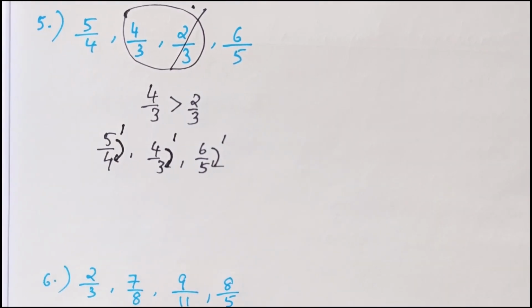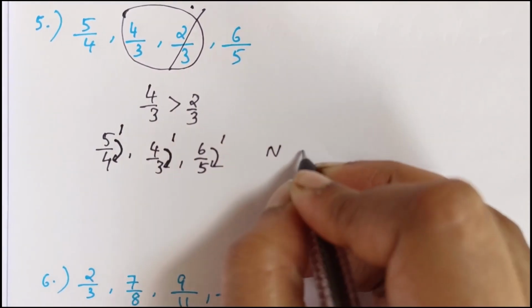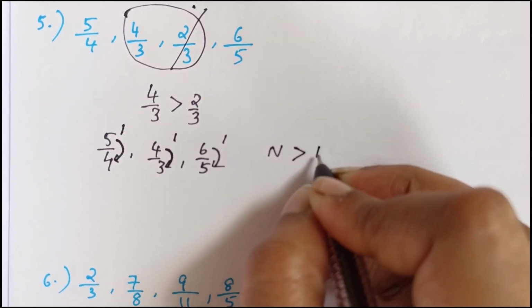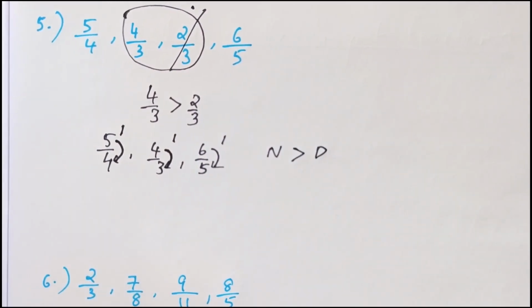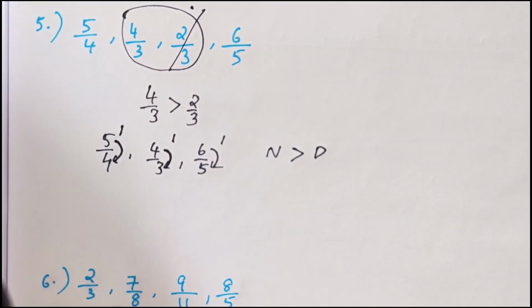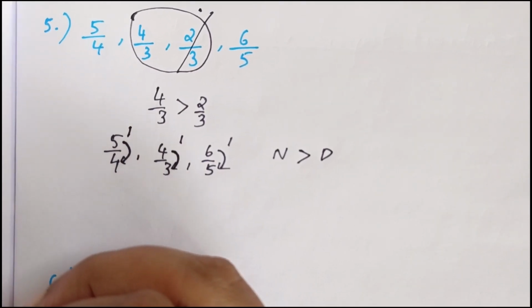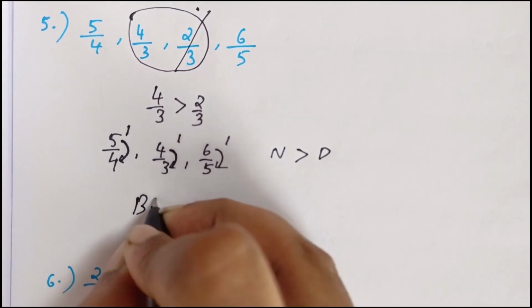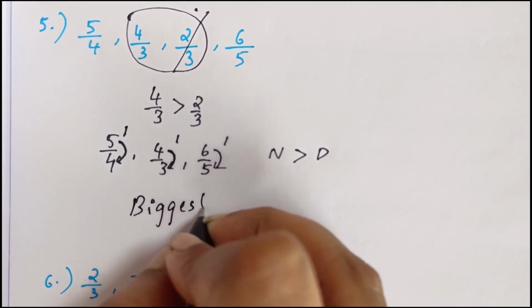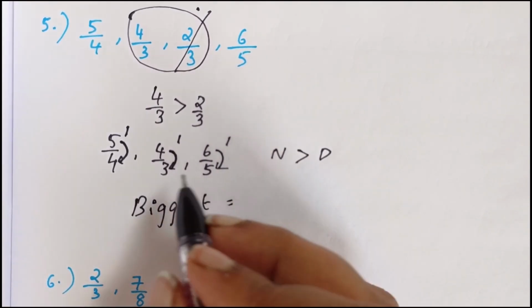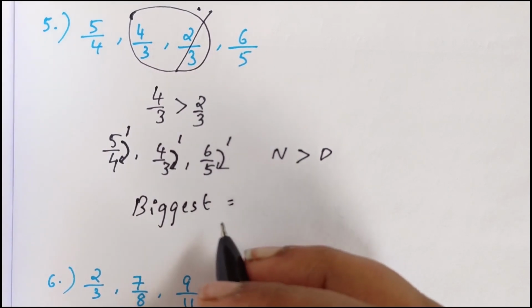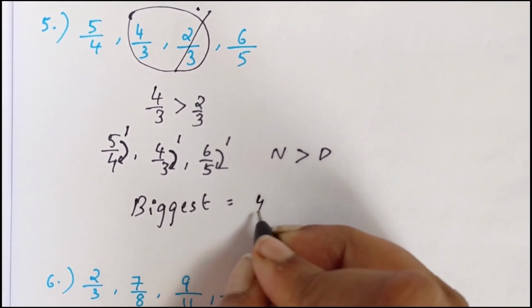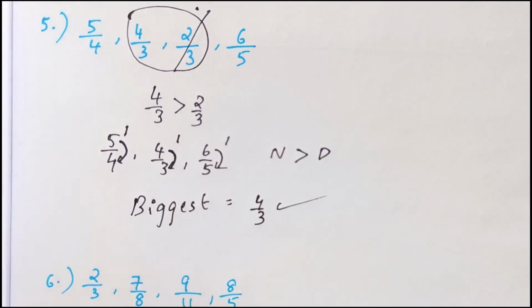So if the numerator is greater than the denominator and their difference is a fixed number, then the biggest fraction will be the fraction with smaller numbers. So here the biggest fraction is the one with the smaller numbers, that is 4 by 3. So 4 by 3 is the largest fraction.